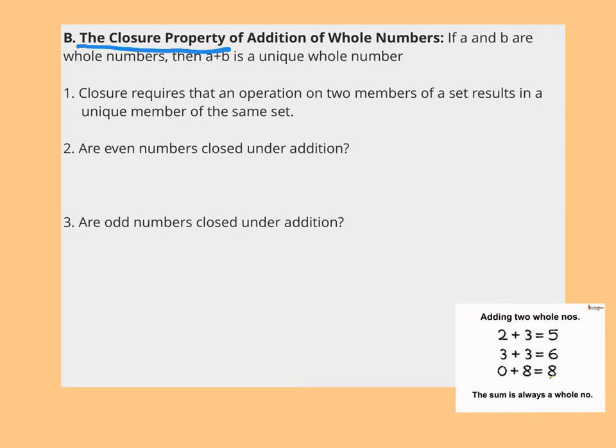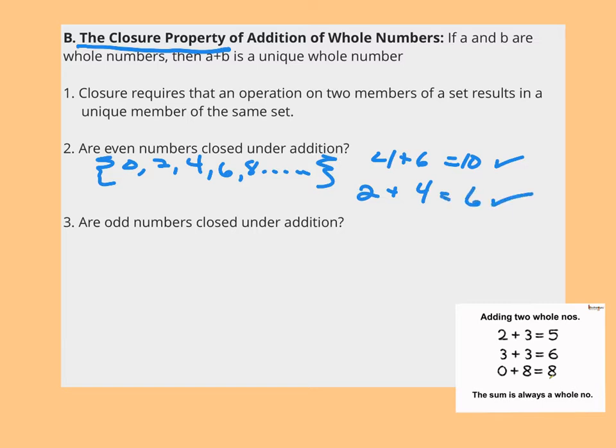So if we were to test out the even numbers, do even numbers close under addition? If we think about our even numbers, we're looking at 0, 2, 4, 6, 8, and it keeps going. So basically, what we want to check is that if we add any two even numbers, do we end up with an even number? If we take 4 plus 6, we get 10. That's even. If we take 2 plus 4, we get 6. That's even. If we take 0 plus 8, we get 8.